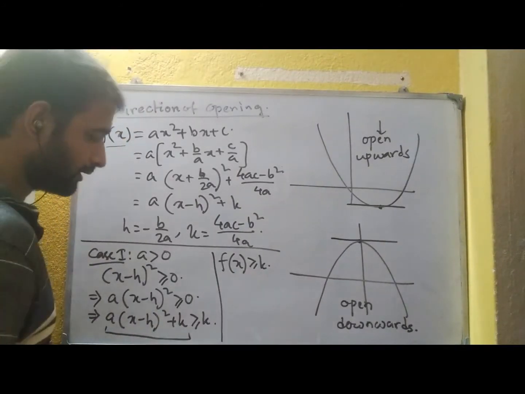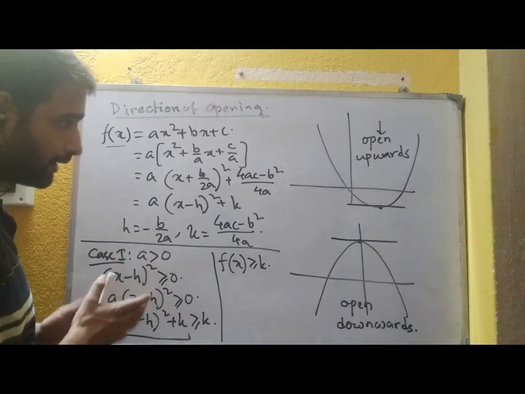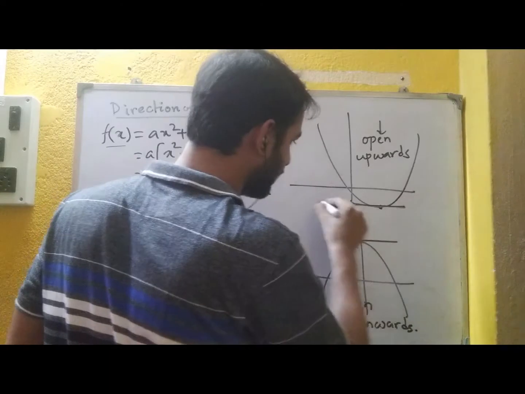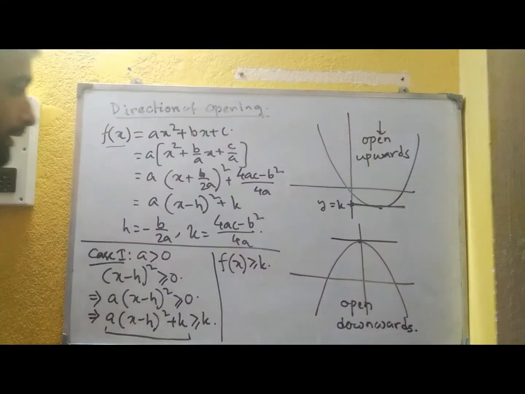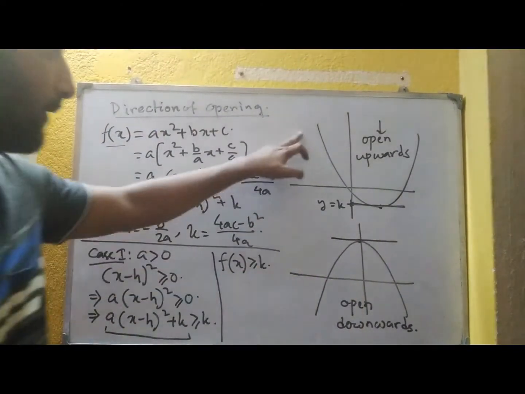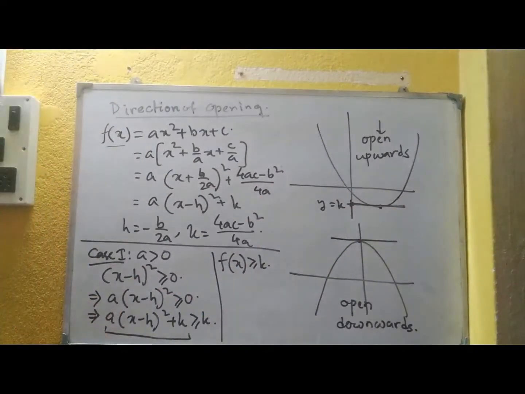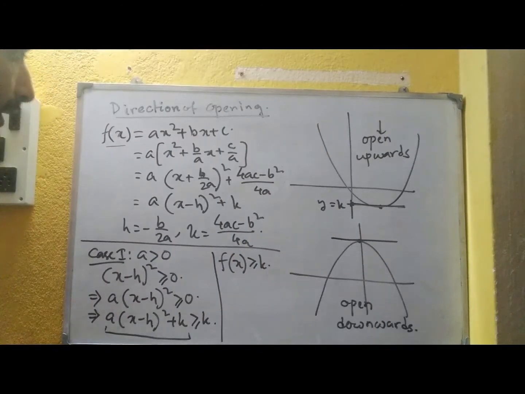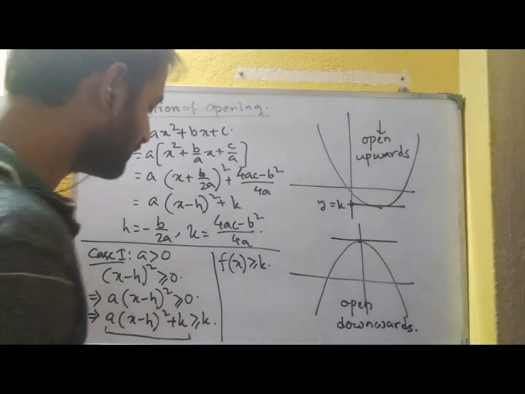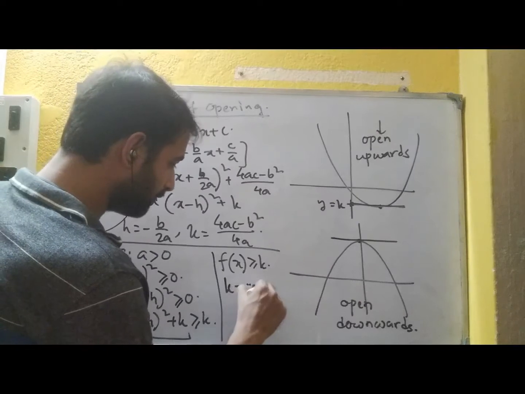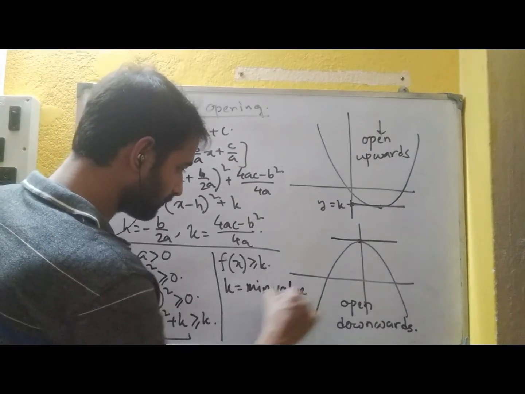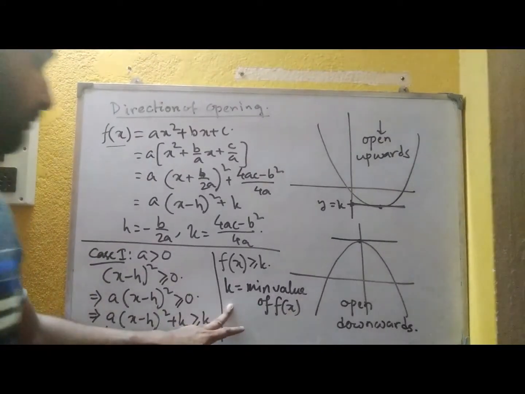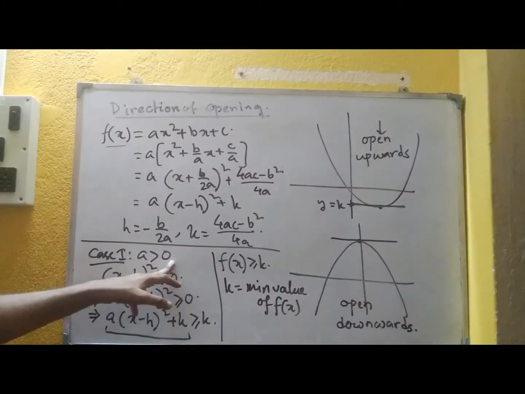So if this line is y equals k, then you can see the graph is always lying above the line y equals k. So here this is satisfying the inequality. So basically f(x) greater or equal to k means k is the minimum value of f(x). So we are having a minimum value when a is greater than 0.